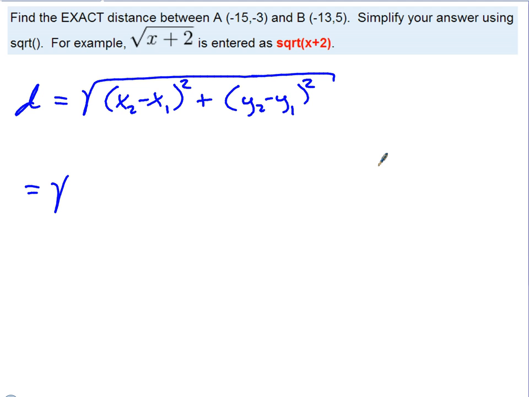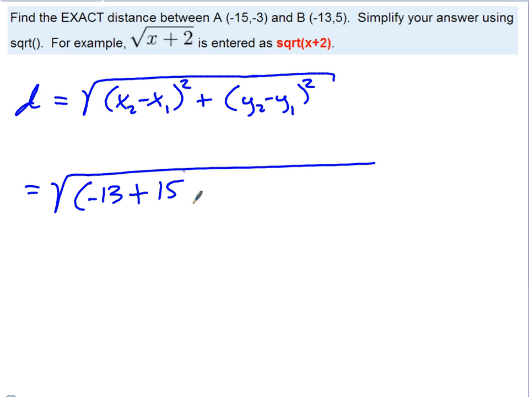What's this first quantity going to be, the x2 minus x1? Negative 13 minus negative, so plus 15, squared, plus. What's the next part going to be? Good, 5 minus negative, so plus 3 squared.